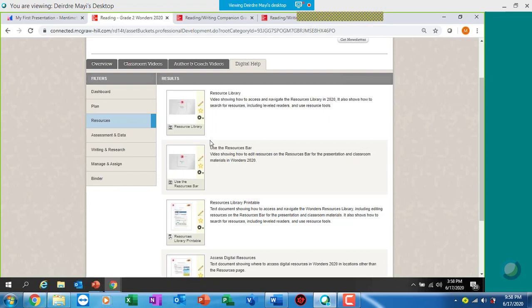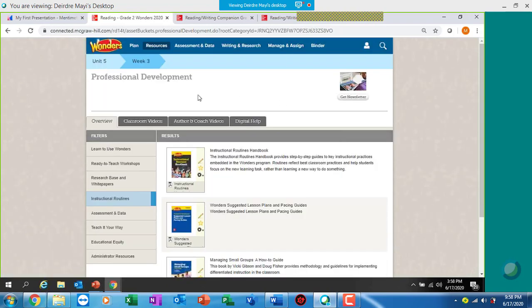digital asset. Now, for those of you who want to go more deeply into Wonders, both digitally and from a resources aspect, here's what I recommend. Under professional development, again, you will see filters.